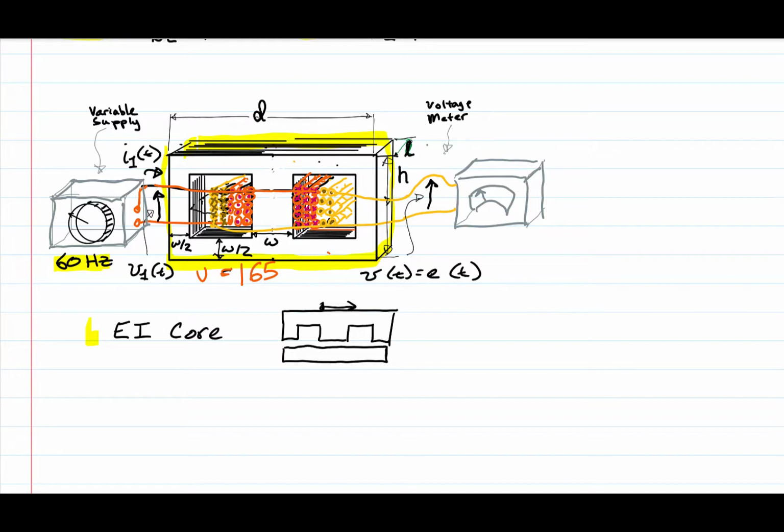And then you wind the primary and secondary windings around the middle core, as is shown in this picture. You could understand a little better what is happening here if you looked at this from the top view.